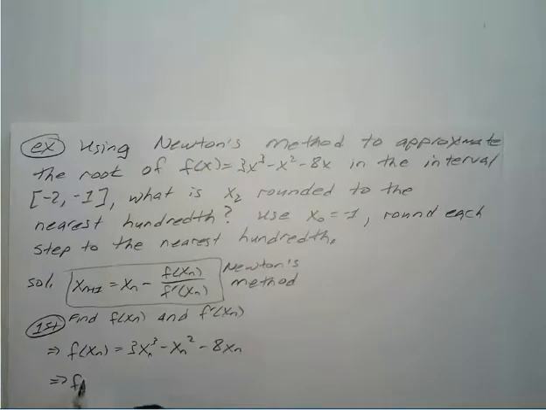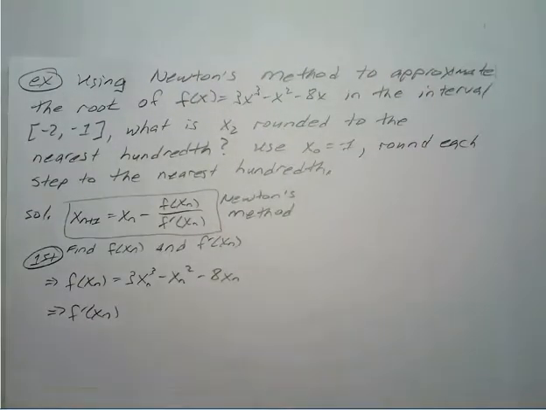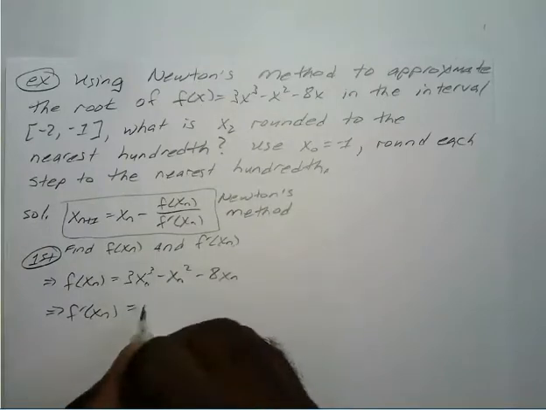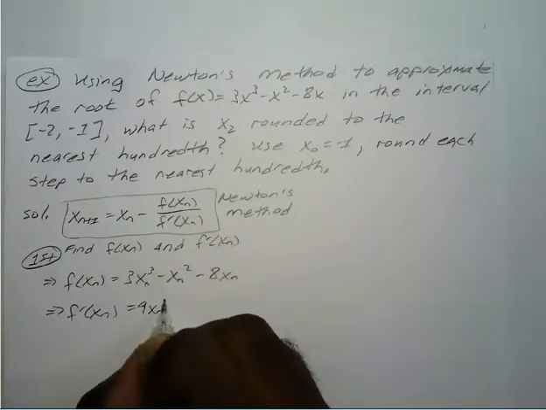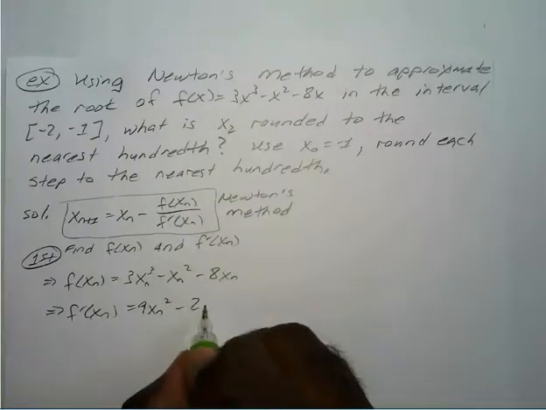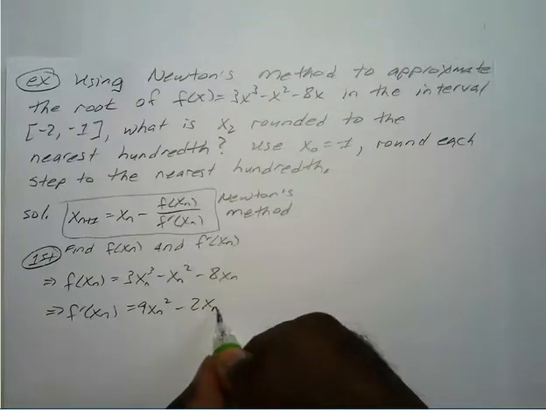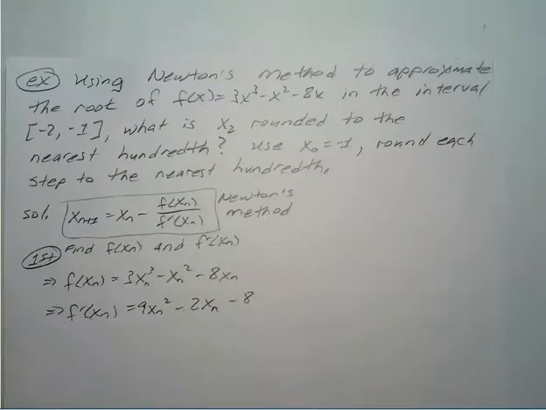And your f prime of x sub n, bring down that 3, so that's 9x sub n squared minus 2x sub n minus 8. Okay, that brings us to our second step.